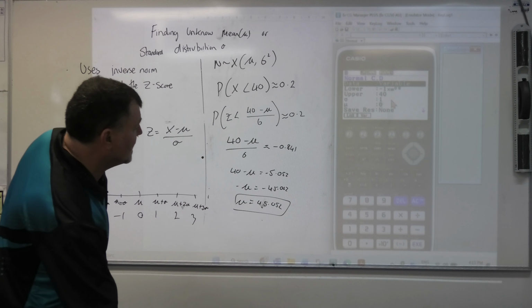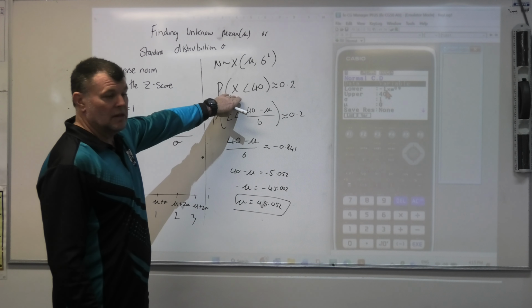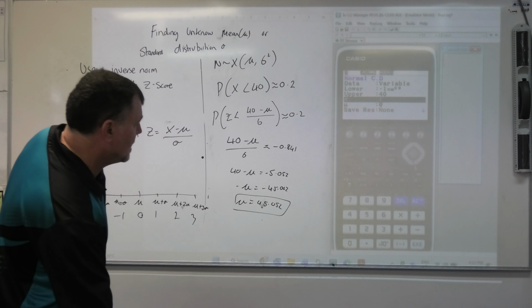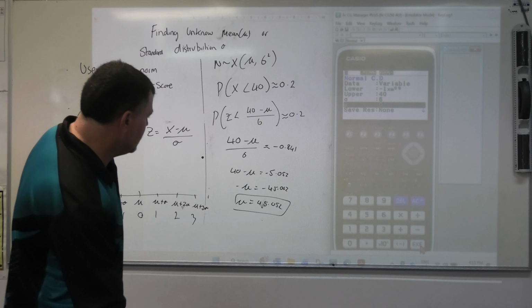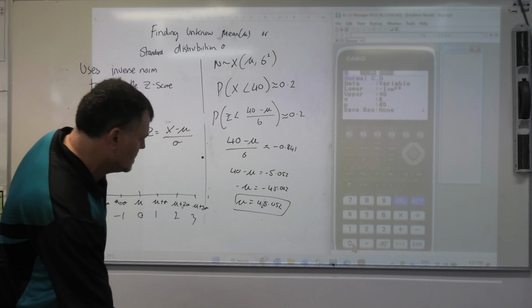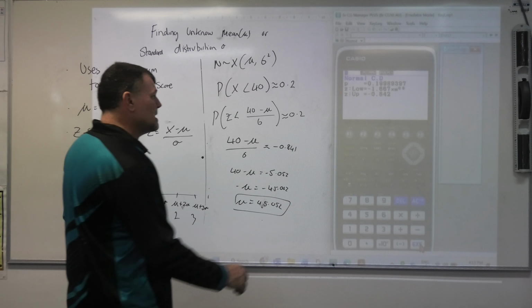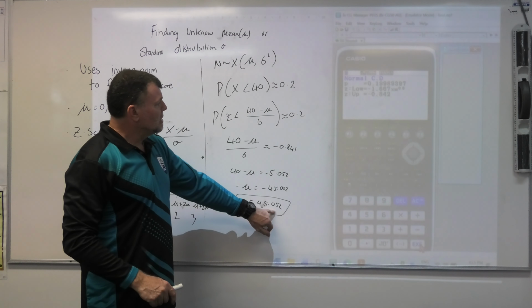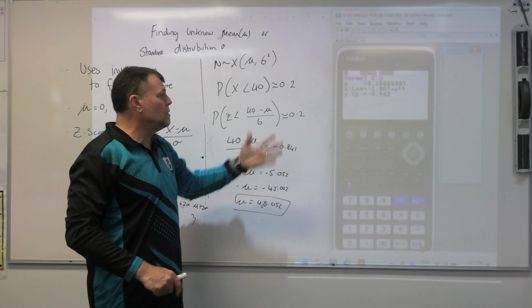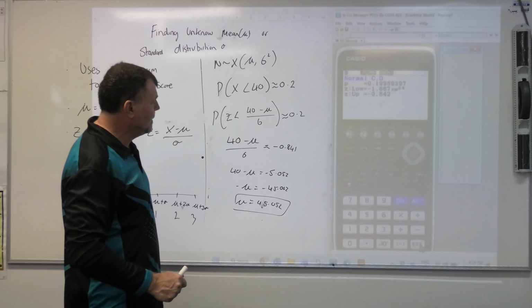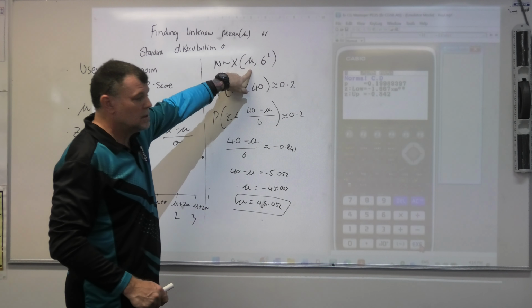Into the calculator we put a very, very low number for the lower bound, 40 is the upper bound, the deviation is 6, and the mean we calculated is 45.052. Click enter, and we get something very, very close to 0.2. Because we rounded, we're not going to get exactly the same value, but it looks very close. So in this question we've found out what our mean is.